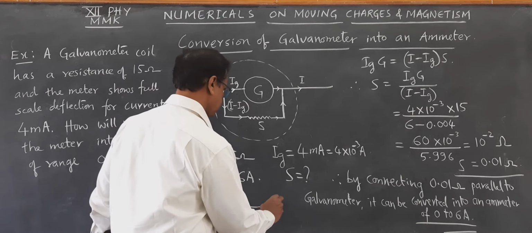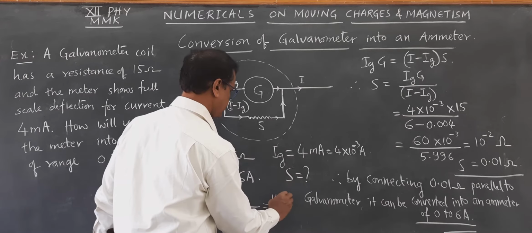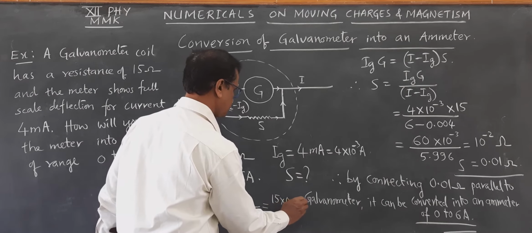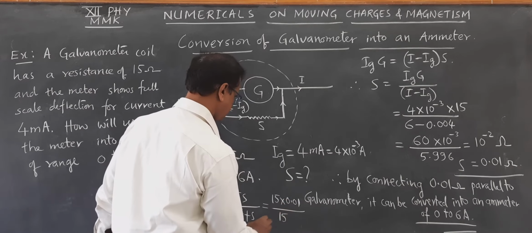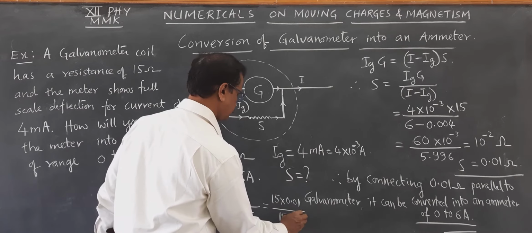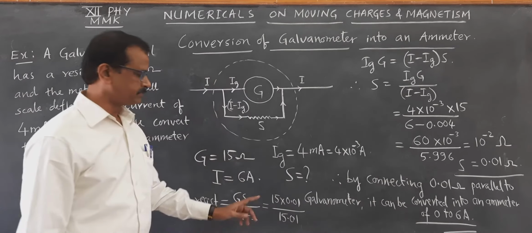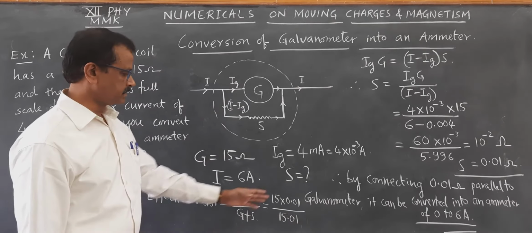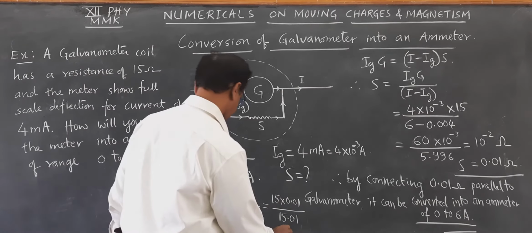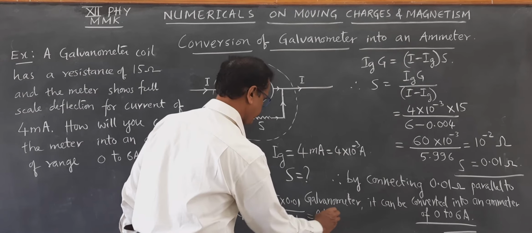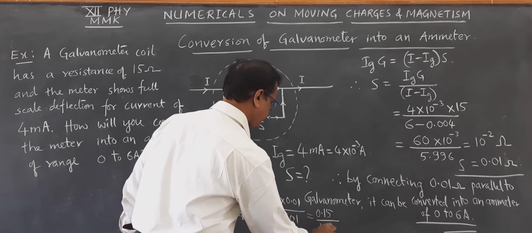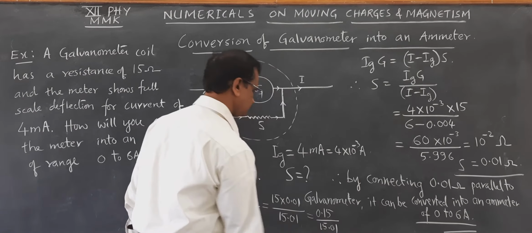So G is in this case 15 and S is 0.01, divided by 15.01. You can see now, it becomes 0.15 divided by 15.01.